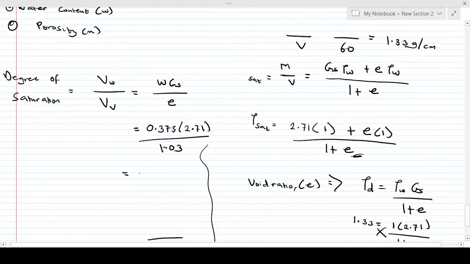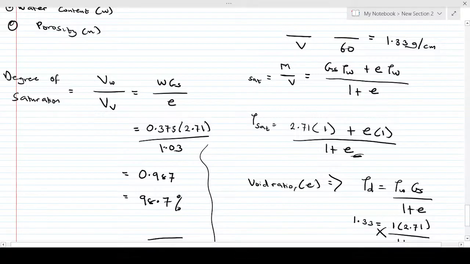Then we have our degree of saturation to be 0.987. Again, we can convert this to percentage, and we have 98.7%.